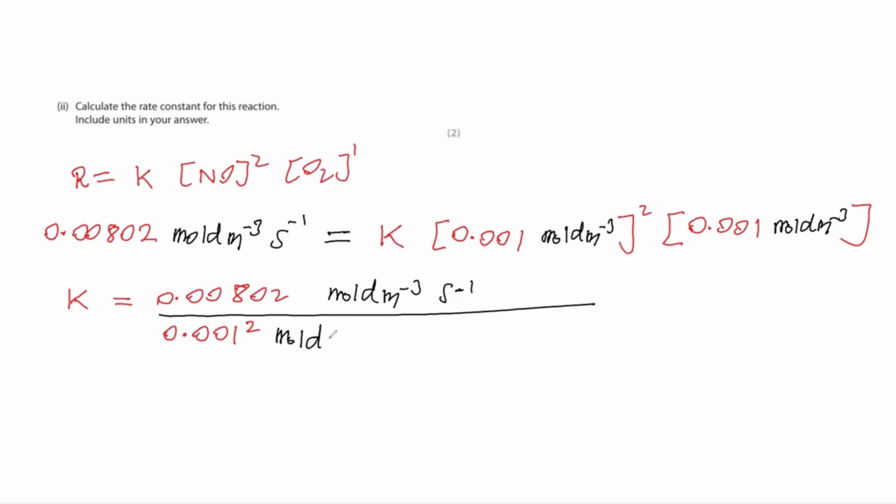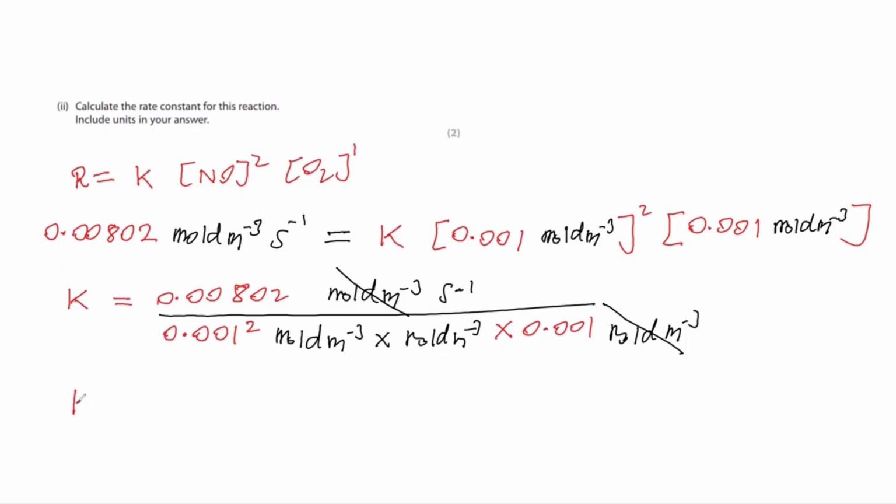I'll just write it like this: moles per cubic decimeter times moles per cubic decimeter, multiplied again by 0.001 moles per cubic decimeter. And we can see that this unit and this unit, moles per cubic decimeter, we can cancel out.